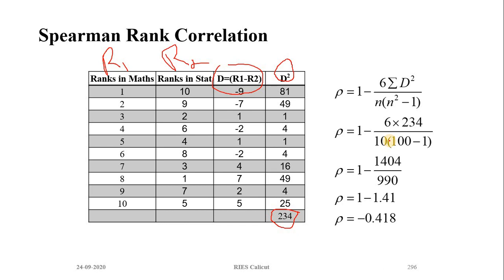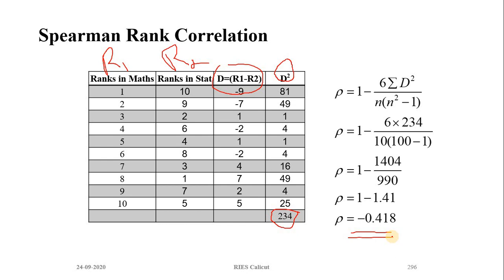So it will be 1 minus 1404 divided by 990, which is around minus 0.418. What does it mean? The ranks in statistics and the ranks in mathematics are negatively related.